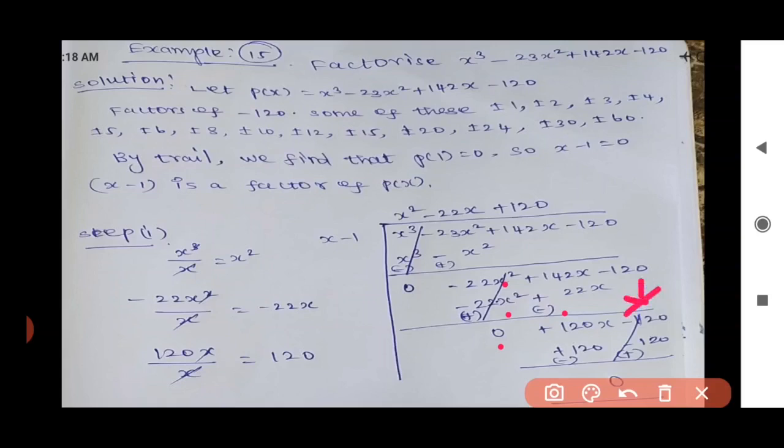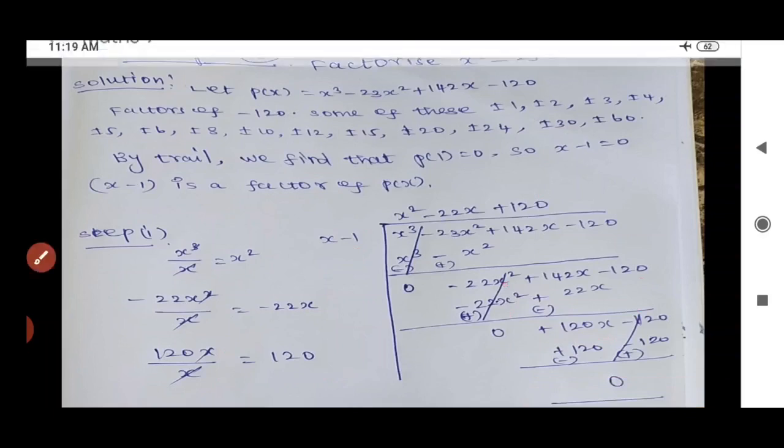So now the first dividend term is 120x. 120x divided by the first term of the divisor x, cancel the term, you get 120. So the last quotient is 120. 120 into x is 120x, 120 into minus 1 is minus 120. Subtract, you get 0.